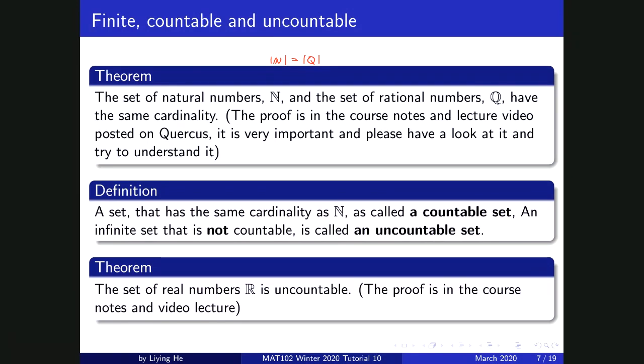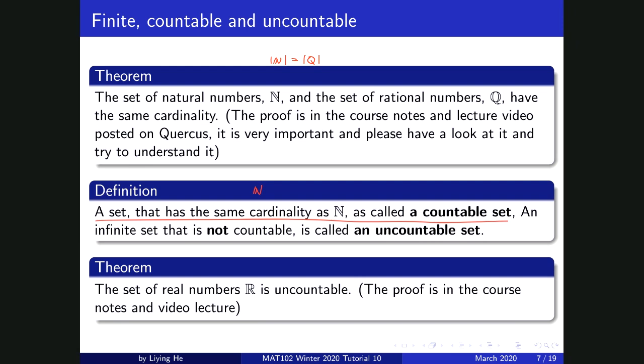The definition of countable sets in 102 is that a set that has the same cardinality as natural numbers is called a countable set. If you look at this definition, you should notice a few things. We know natural numbers are countable.